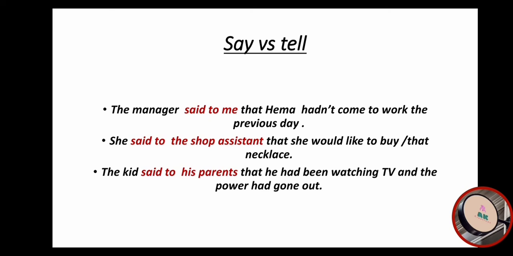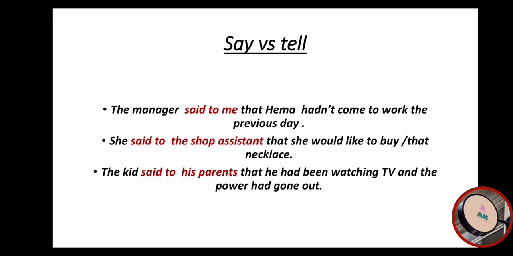Tell must take an object like me, him, her, etc. If you remember, it's an indirect object. Say must not take an indirect object. "Said me" or "said him" is wrong. So how to find out that?